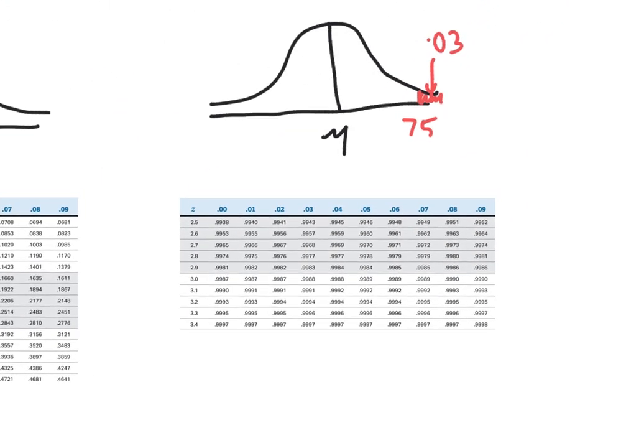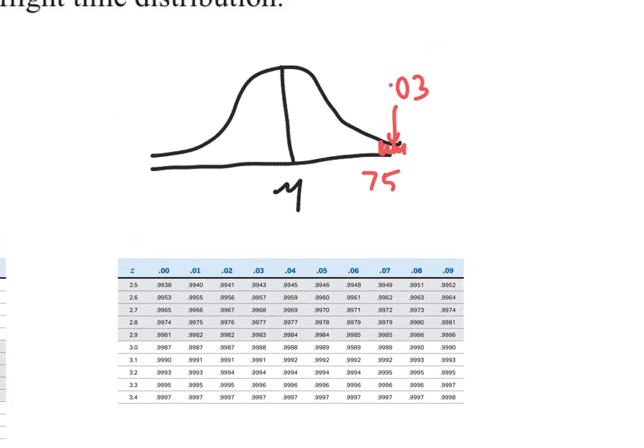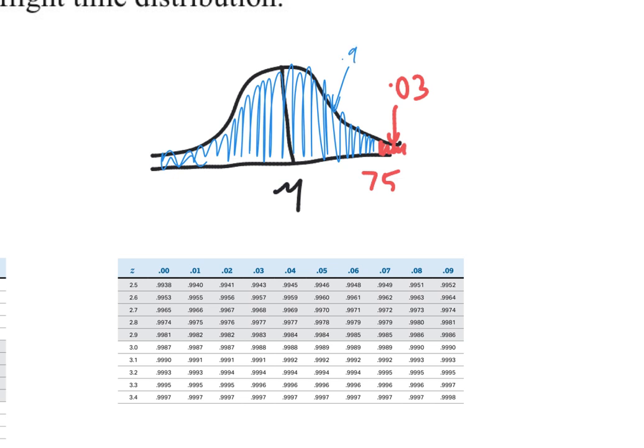Okay, let's do the same thing for this one. But remember, the inside is area to the left. So if 0.03 is to the right, that means all this area to the left is 0.97. So 0.97 is what we're looking for inside here. Let me get the right table.